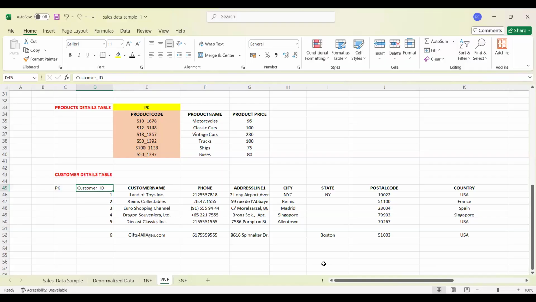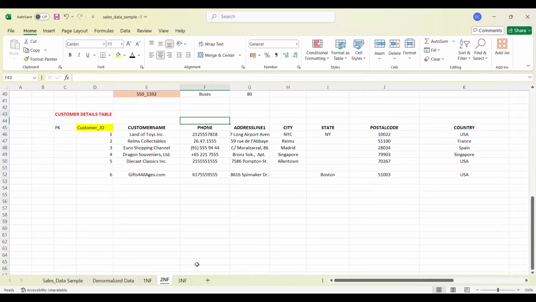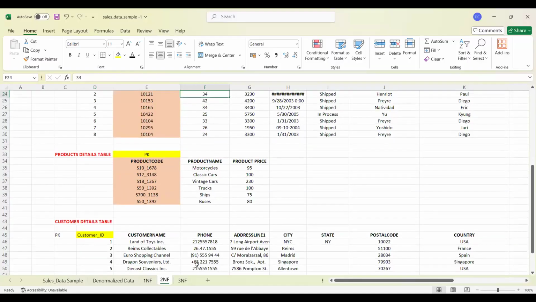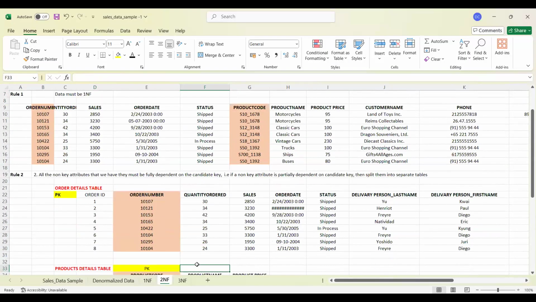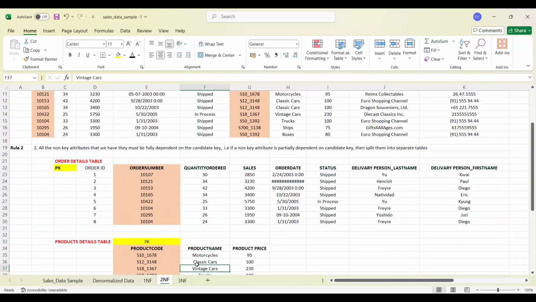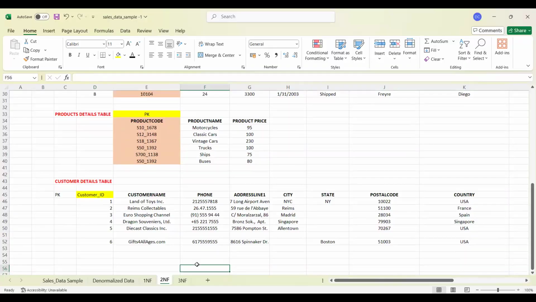We have all the details related to one thing in one particular table. We will have some IDs, and for those IDs we will mention primary keys, correct? That is what we will do here basically. Okay, this is the customer details table. So basically, for all my tables, my primary key is created, correct?